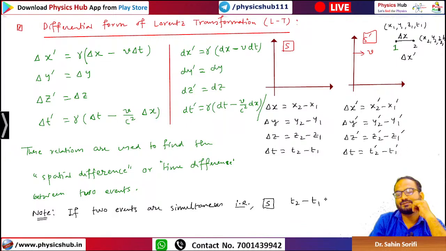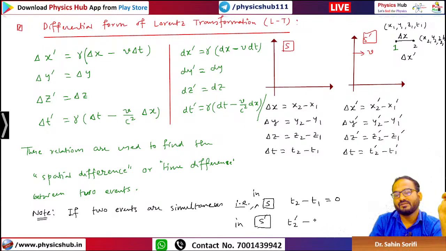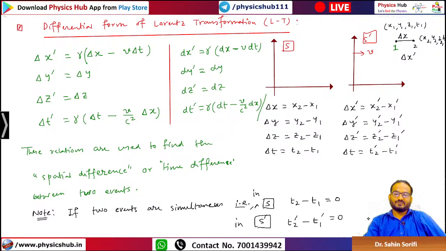If they are simultaneous, it means T2 minus T1 is 0. And if two events are simultaneous in the S prime frame, one event has time t2 prime and another event has time t1 prime. They are simultaneous, which means the gap is 0. So this is the meaning of simultaneous.